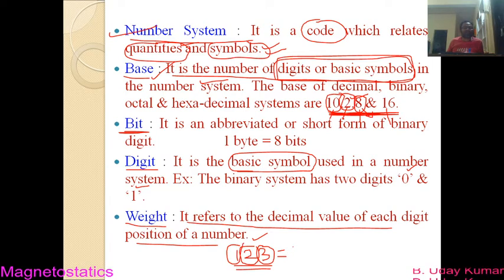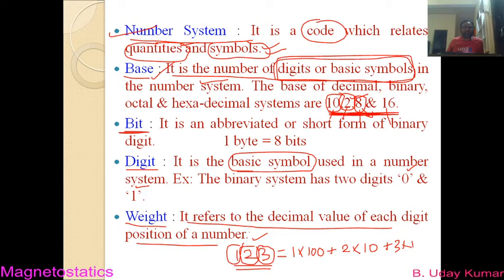So that means I can write it as 1 into 100 plus 2 into 10 plus 3 into 1. Though this 123, which is a decimal number, has 3 digits, depending on the position of the digit, its value will be different, and that we call weight here.